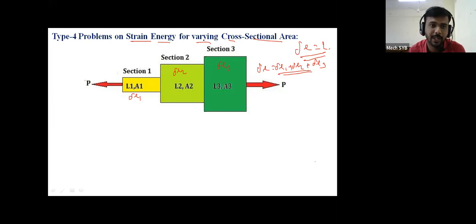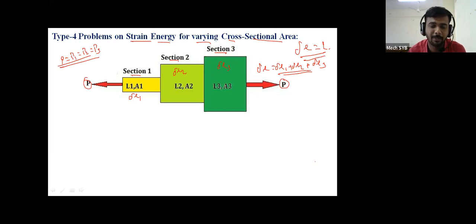And the same force we are using, capital P. P will be common for all the sections. That means capital P is equal to P1 is equal to P2 is equal to P3. The same force we are considering for section number 1, section number 2, and section number 3, and we are calculating the total deformation as delta L1 plus delta L2 plus delta L3.